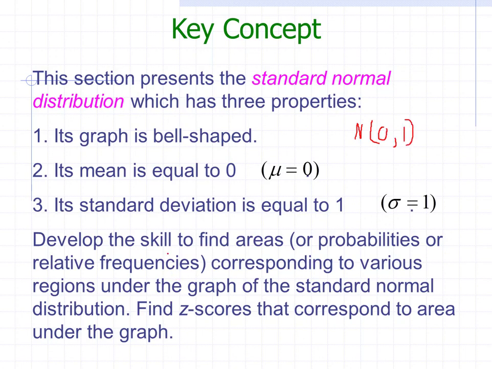And so what we're going to do is develop the skills to find the areas, and the areas correspond to the probability. And that's why we did probabilities in chapter 4 and 5. And so we're going to find areas corresponding to regions under the graph, and then we're going to find z-scores that correspond to those areas.